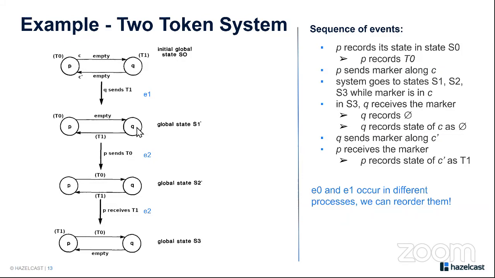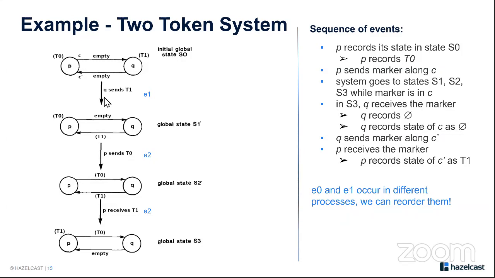And there is actually an algorithm for how to reorder the events in order to obtain the global state that was recorded. It says that we should move all so-called pre-recording events, that is the events that occurred before the process recorded its state, before all post-recording events.